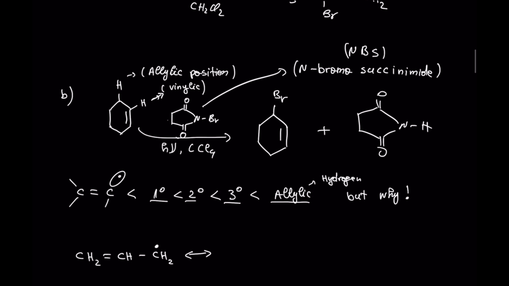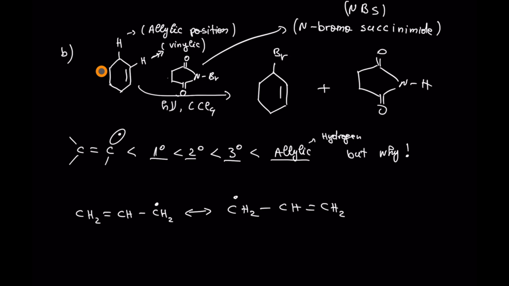Because the allylic position has the option to do resonance, because this double bond can move here and this electron can move here. And you should know that resonance stabilizes the molecule. The more resonance structures, the more stabilized the molecule is. The real structure is something in the middle of these two.